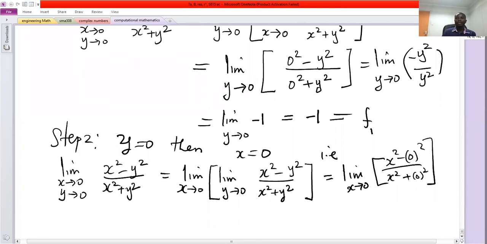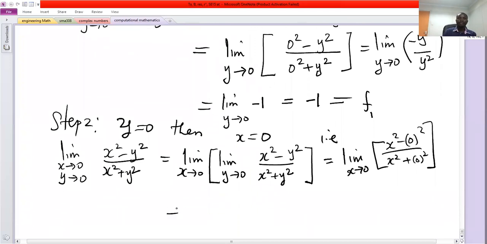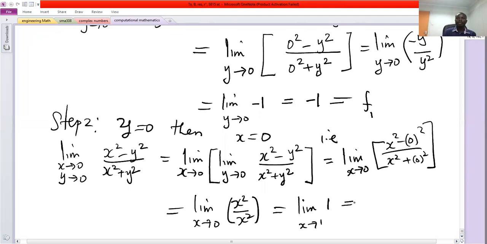And this will be the limit as x approaches 0 of x squared over x squared, and x squared over x squared is 1, and the limit of a constant is always the same constant. So this is our f2.